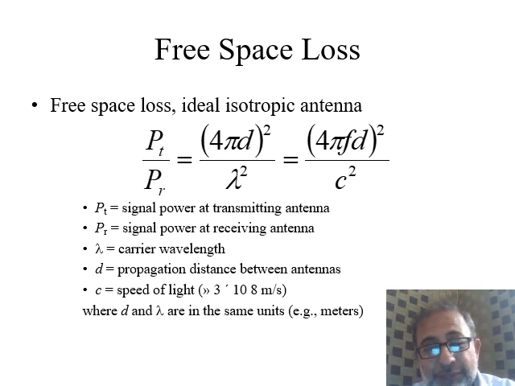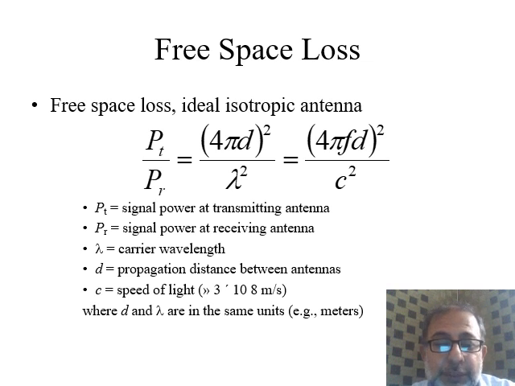So if we find the ratio of the transmitted signal to the received signal, as you know, the received signal would always be of lower power unless there are many amplifiers or regenerators in between.